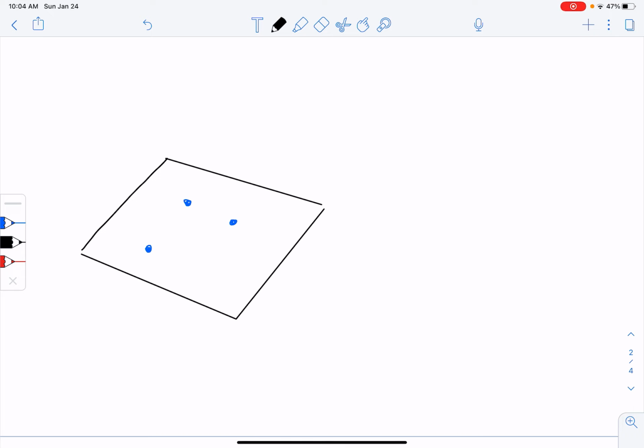Another way to think about that is that we can take those 3 points and create 2 vectors, and those 2 vectors we can use to define the entire plane.